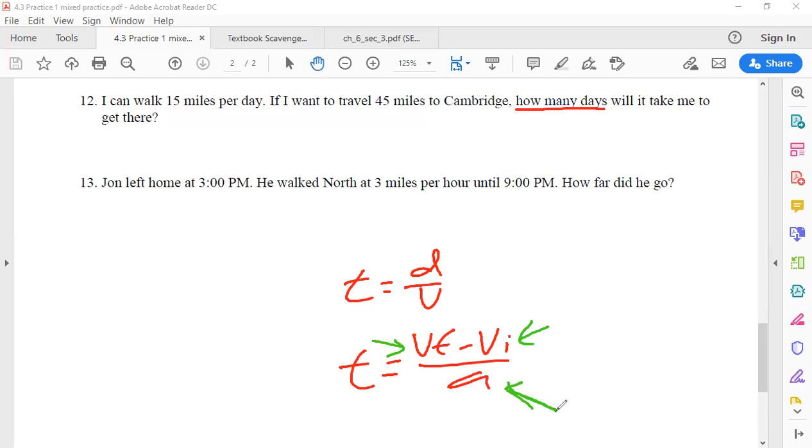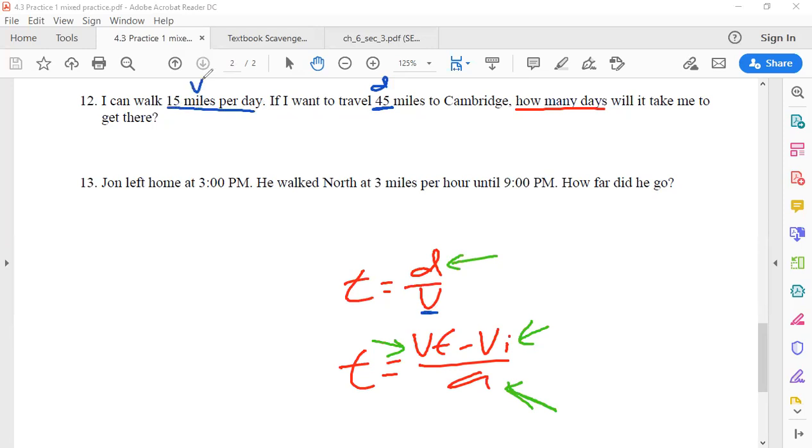So if I want to know how long the story takes place, I need to look at what it does give me. Does it give me a distance? Well, here we go. We've got 45 miles. That's distance. Does it give me a velocity? Here we go, 15 miles per day.